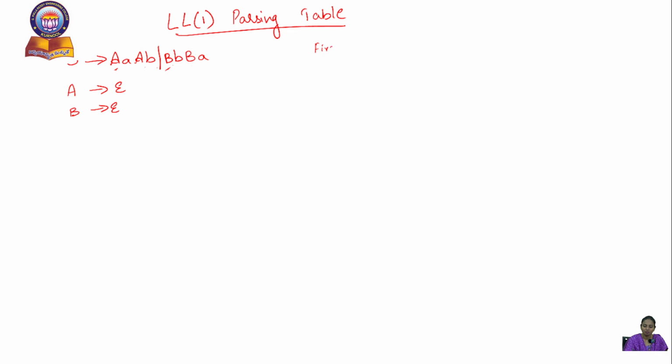Calculating the first function of S. First of S is deriving the non-terminal A. So non-terminal A has the epsilon. So we have to consider first of A, and if first of A consists of epsilon, then first of A minus epsilon, union first of the remaining production.